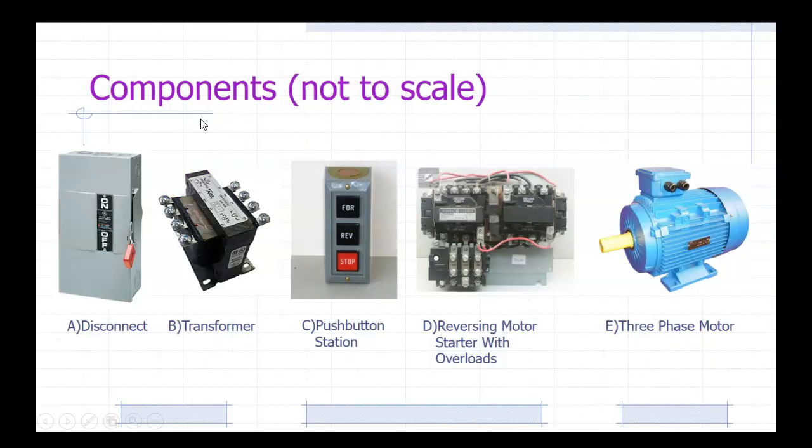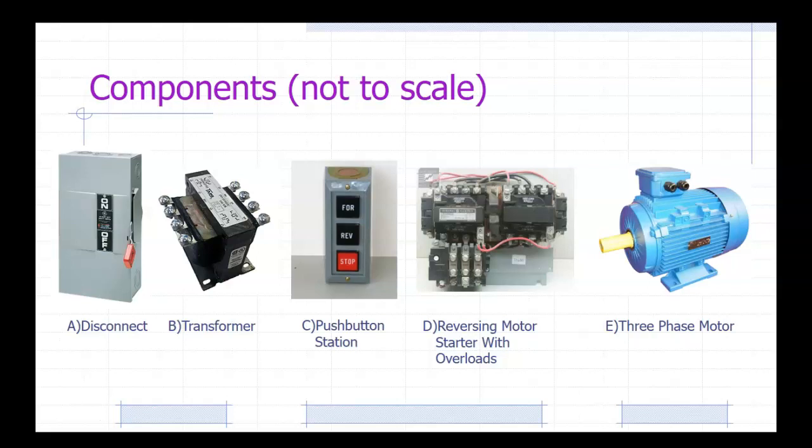Because here's the actual components themselves. Would you want to draw out these components every time you had to do this? No. Gosh, no. You also have the problem of how are you going to draw your connections on something like this? They're great because they can show you, oh, this is your disconnect box.